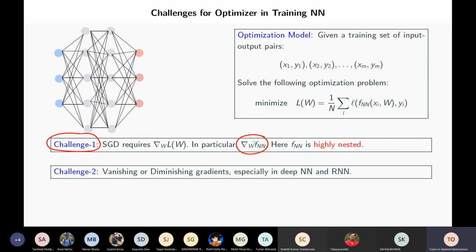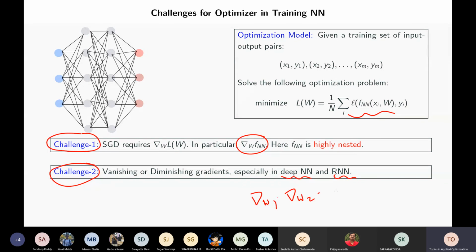The second challenge is vanishing or diminishing gradients, especially in deep neural networks and RNN. Because of the nested nature of this, I often need to compute gradients like this.